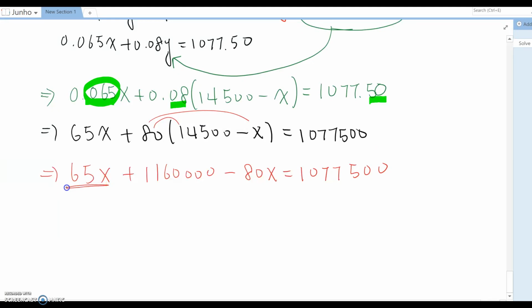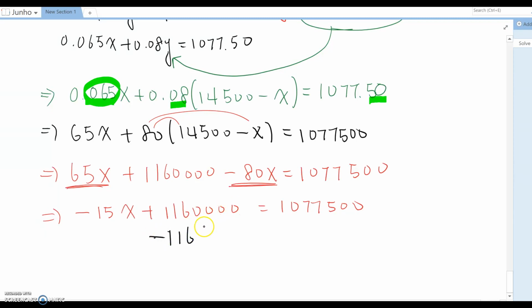So 65x minus 80x becomes negative 15x plus 1,160,000 equals 1,077,500. We want to isolate the x term, so subtract 1,160,000.